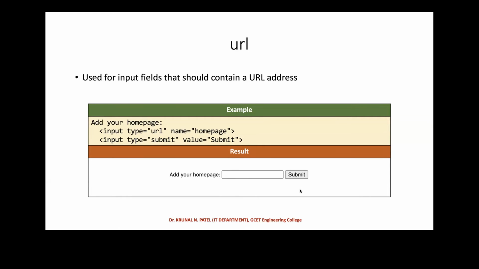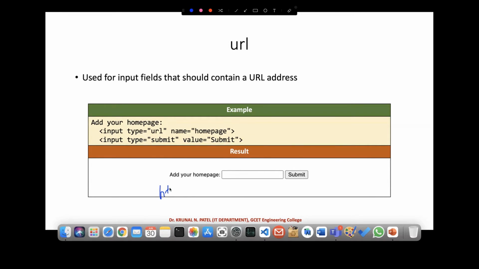Next is URL. Here you can directly write the URL, right? Suppose I want to open Gmail, then you can provide www.gmail.com, whatever, right? But here you have to use a protocol, right? So http://www.google.com. The whole thing you have to write.